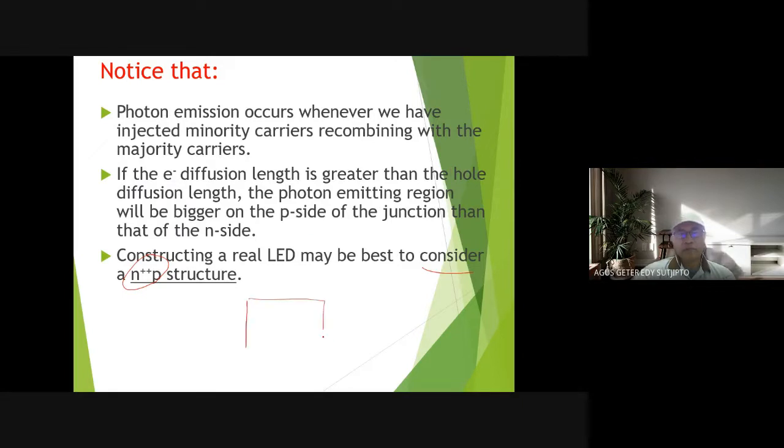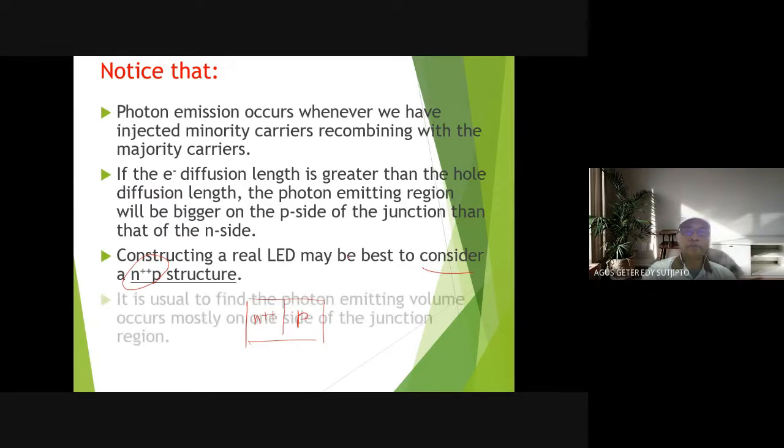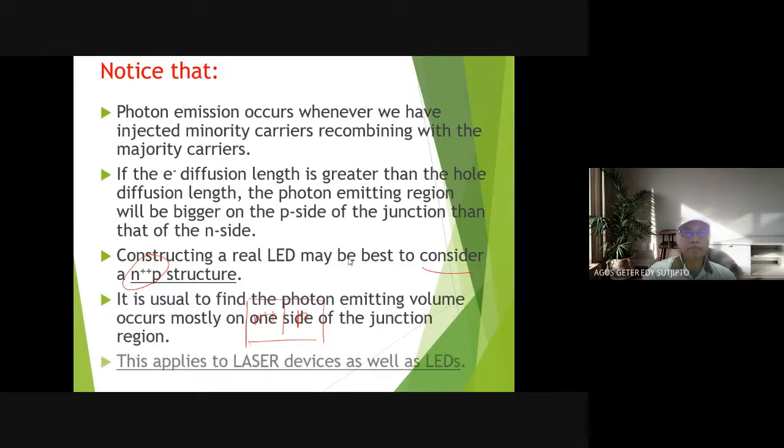So if this is NP, of course this can be N heavily doped, and then the P. Then we can emit the light. We can illuminate the light with high intensity because we have so many recombinations of electron and hole. The application can be at the laser and the LED.